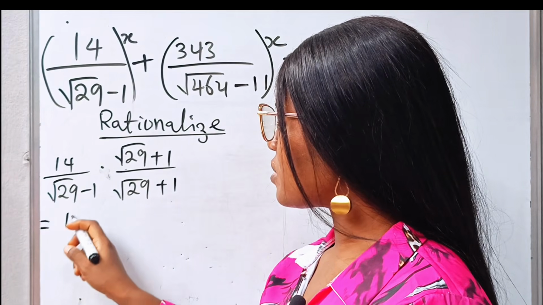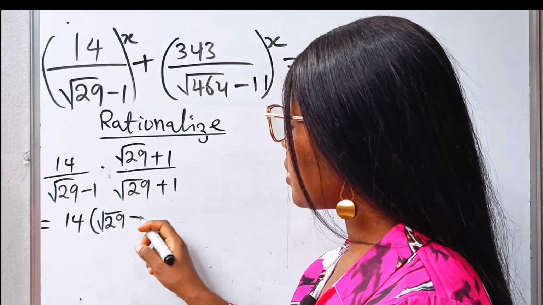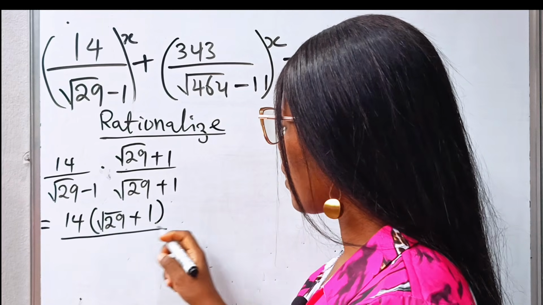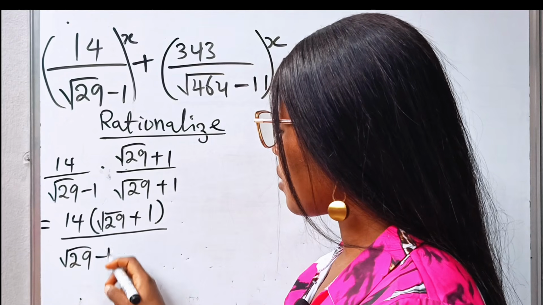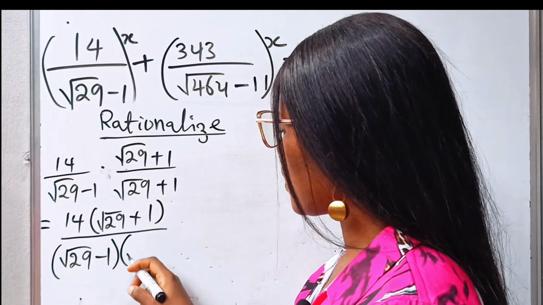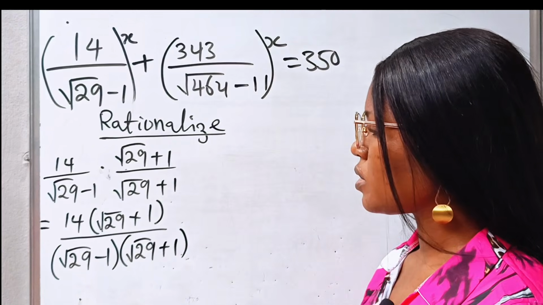Now what we have is 14 multiplied by root 29 plus 1 divided by root 29 minus 1 multiplied by root 29 plus 1.